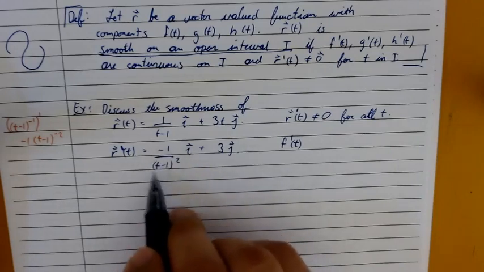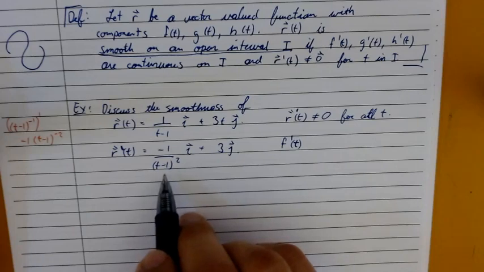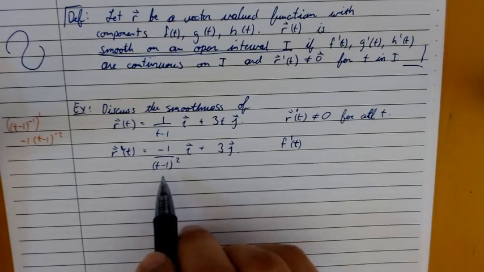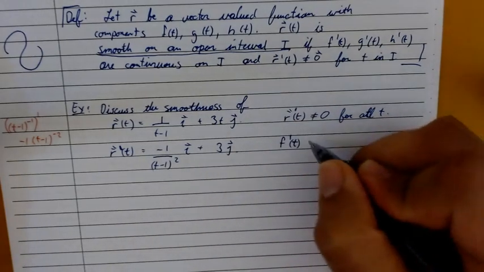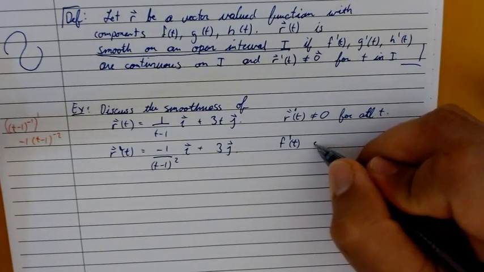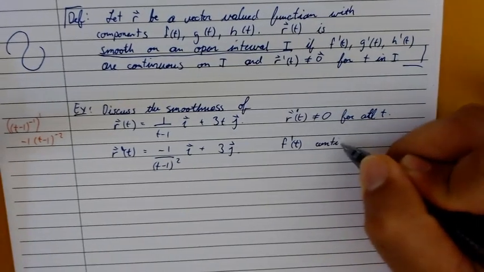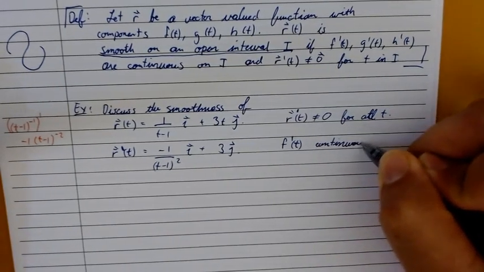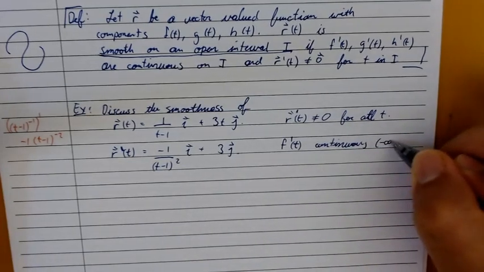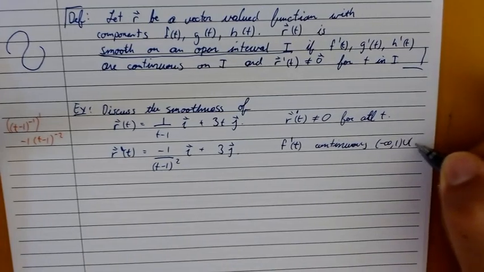The function itself does not exist at positive 1. So since the derivative exists for all numbers except for 1, then it's continuous for all numbers except for 1. So here, f prime of t is continuous on the interval from negative infinity up to 1, union with 1 to infinity.